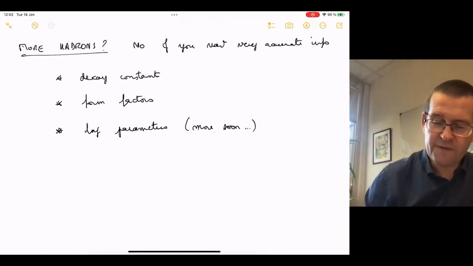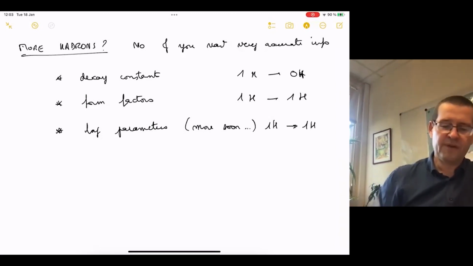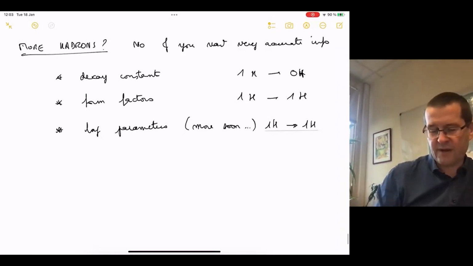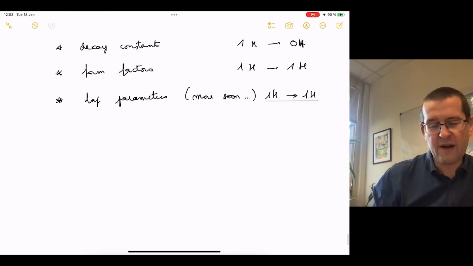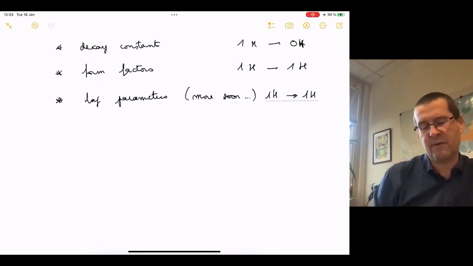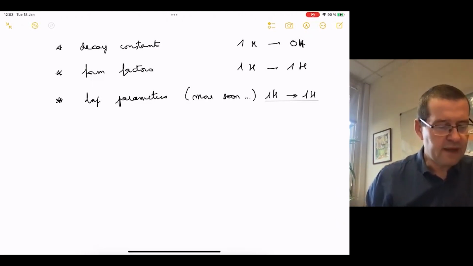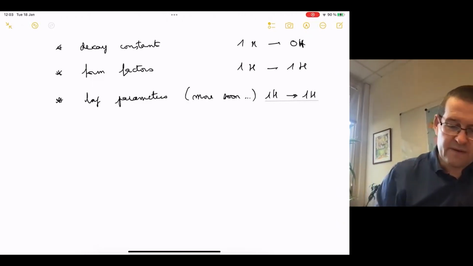But so we are limited to 1 hadron to 0 hadron, and 1 hadron to 1 hadron. The only point is that bag parameters are related to neutral meson mixing, so it's the evolution of neutral mesons, it's not their decay we're considering when we're dealing with bag parameters, but I'll come back to this later.